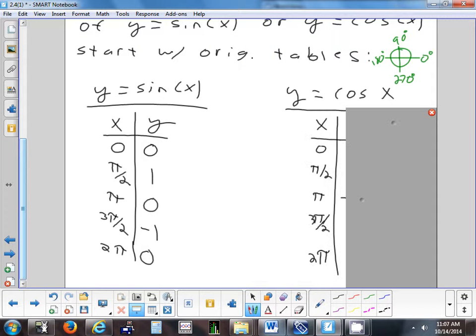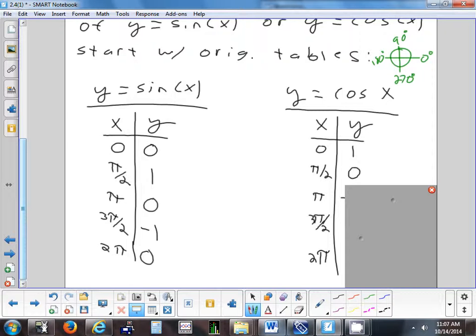Now we get the same thing for cosine. But now when we do cosine, we're not looking at the y value of the coordinate. If we were doing unit circle trig, we'd be looking at the x value of the coordinate. So when we're at 0 degrees, x is at positive 1. When we're at 90 degrees, x is back at 0.